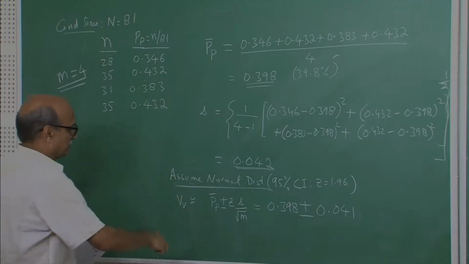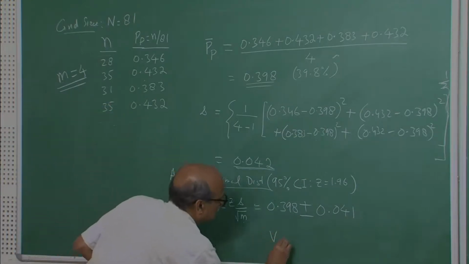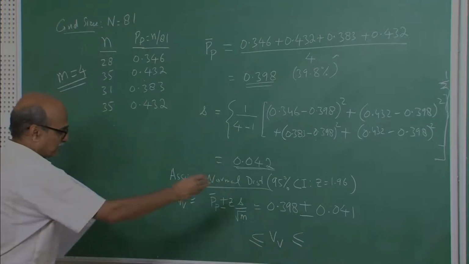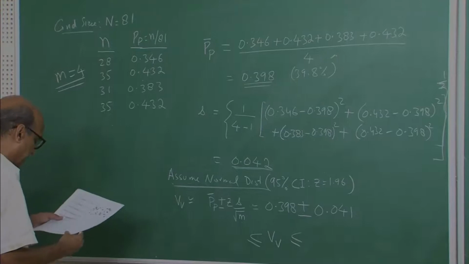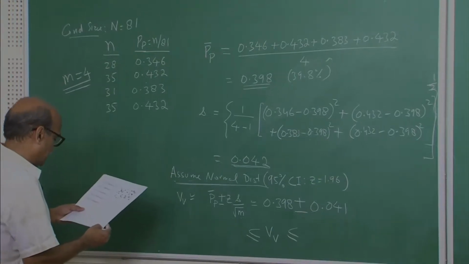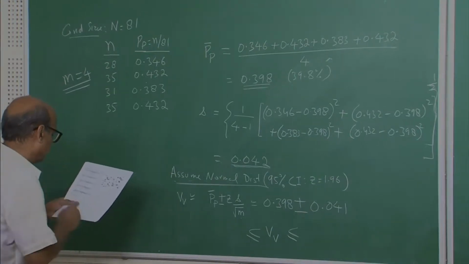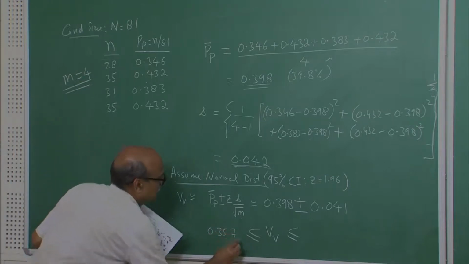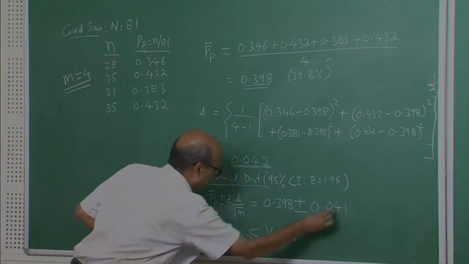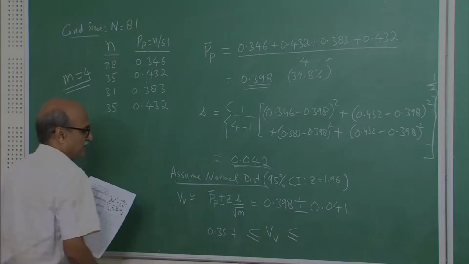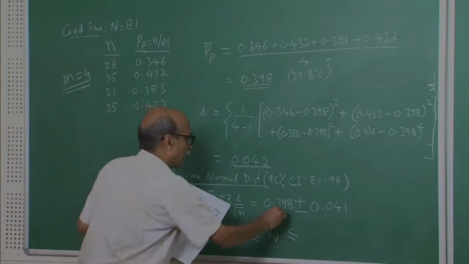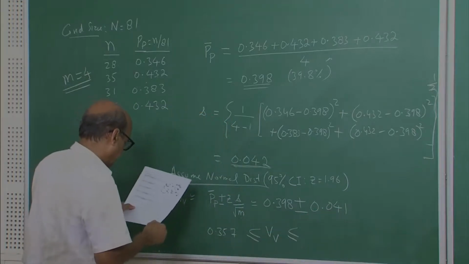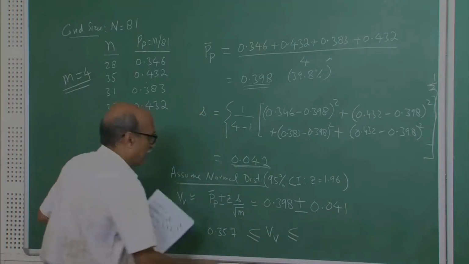Which translates to this as the range for my volume fraction, or this as the error bar or the error interval. So, 0.398 minus 0.041 will give me 0.357, to 0.398 plus 0.041, that gives me 0.439.